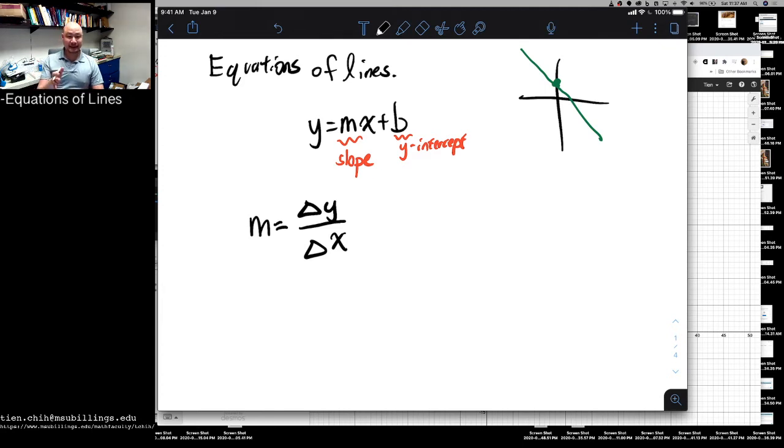And what that means is, remember what we described in the previous video was that linear functions are characterized by having constant rates of change. So that means if I go over to the right, or if I increase x by some amount, I should increase or decrease y by some constant amount, and that constant amount is this slope.